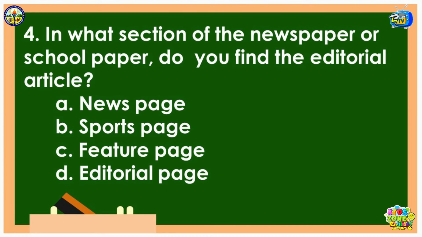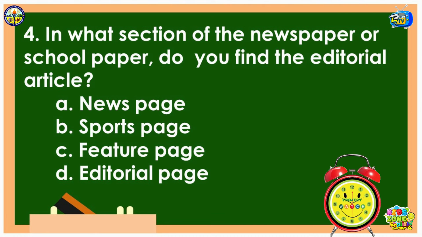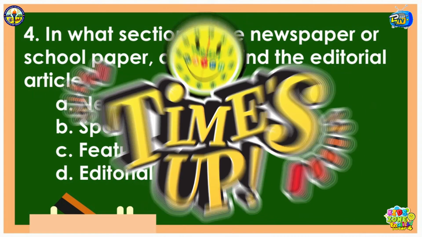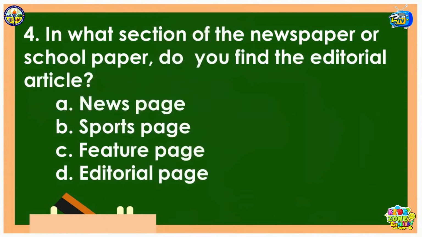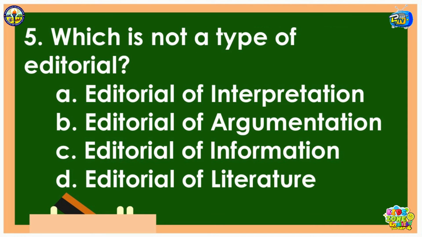Number 4. In what section of the newspaper or school paper do you find the editorial article? A. News page. B. Sports page. C. Feature page. D. Editorial page. Time's up! What is your answer? Amazing! The correct answer is D. Editorial page.